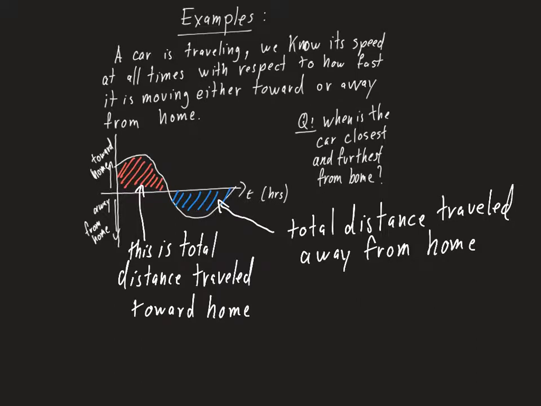But keep in mind that if I take the red area and then add to it the blue area, or rather subtract, because remember that if your curve is below the horizontal axis, that means that your area counts negatively.